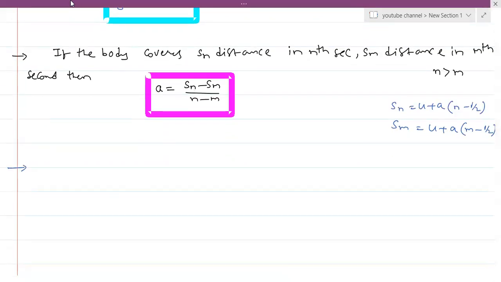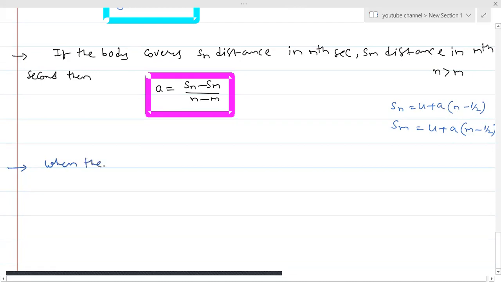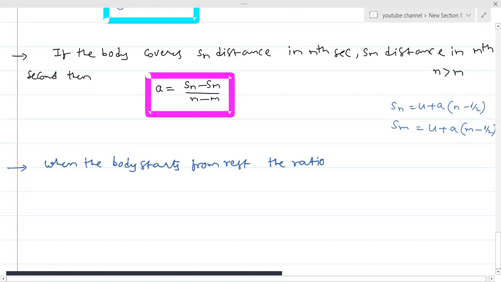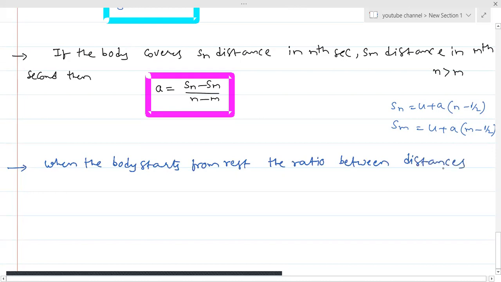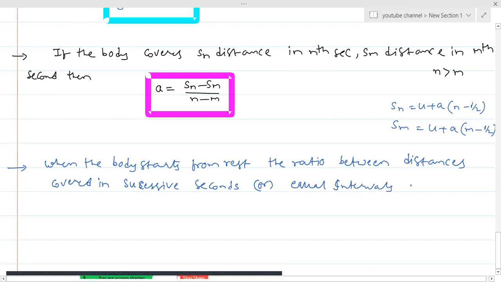And next, in the horizontal motion, it is very important that when the body starts from rest, the ratio between distances covered in successive seconds, in equal intervals of time.